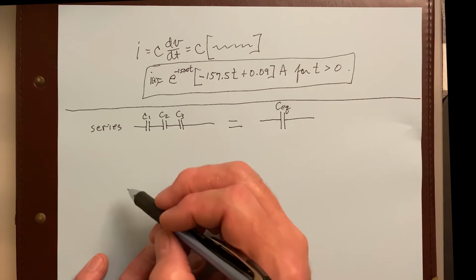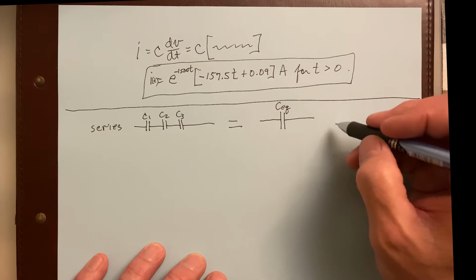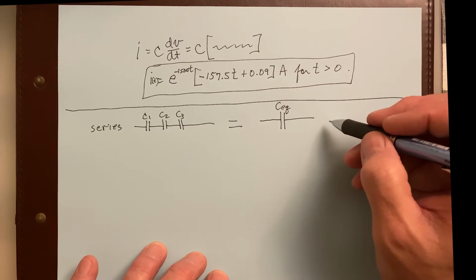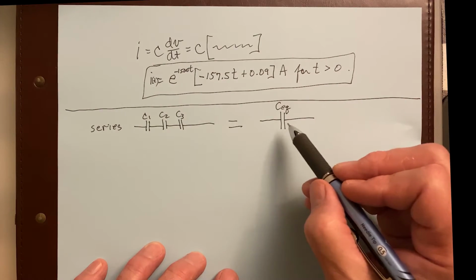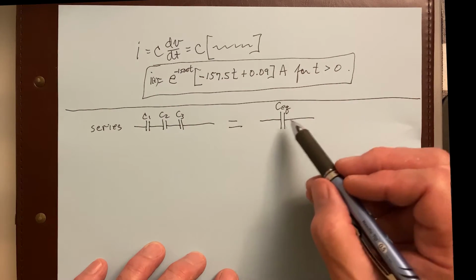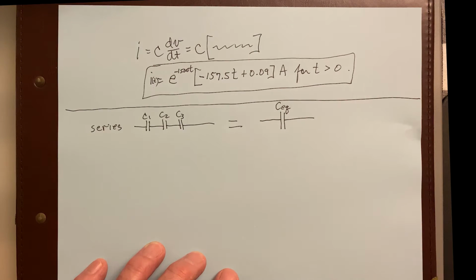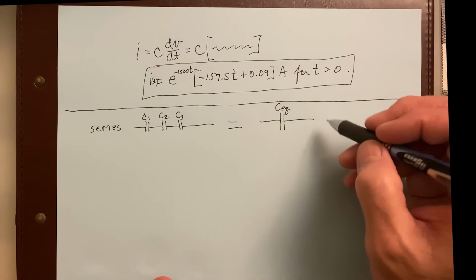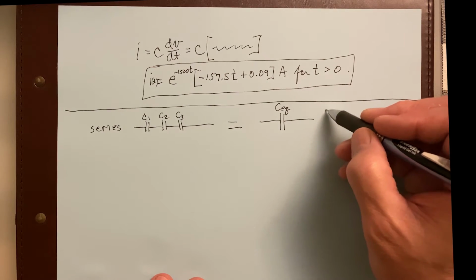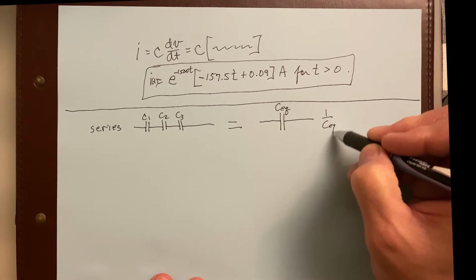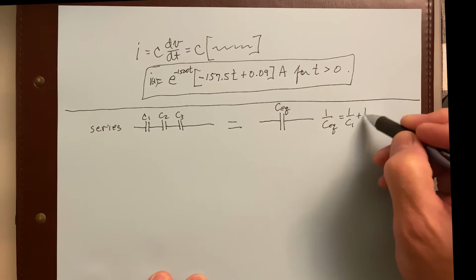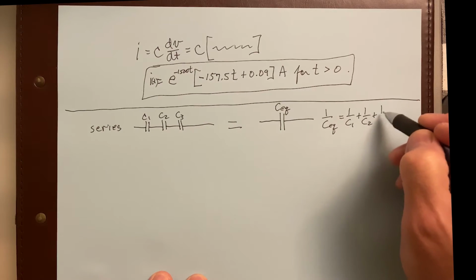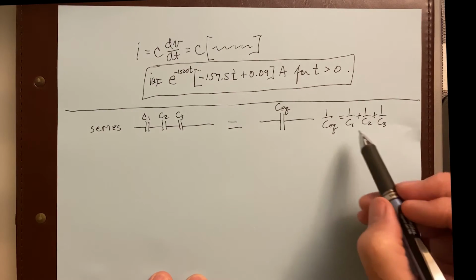Now, I think we've talked about this before, that series capacitors combine together to create an equivalent capacitance in the same way that parallel resistors do. So if I wanted to find this CEQ, 1 over CEQ is going to be equal to 1 over C1 plus 1 over C2 plus 1 over C3, like that.